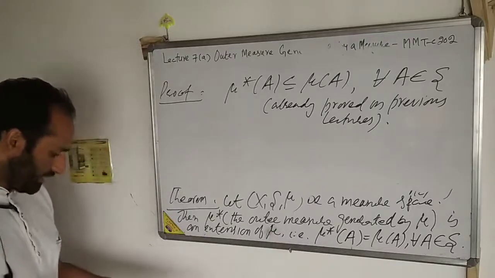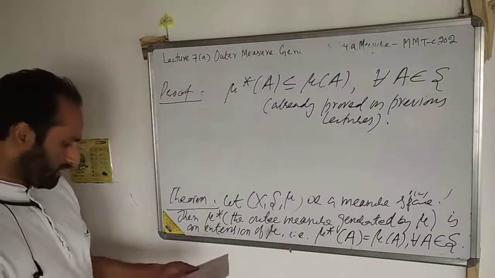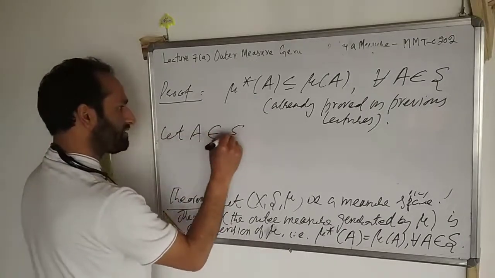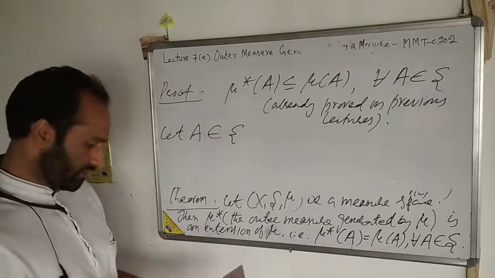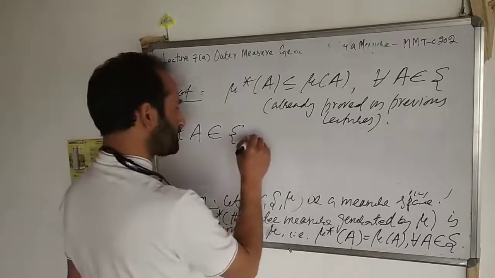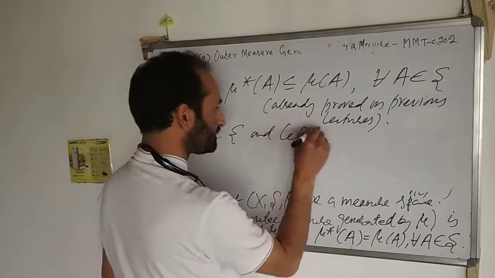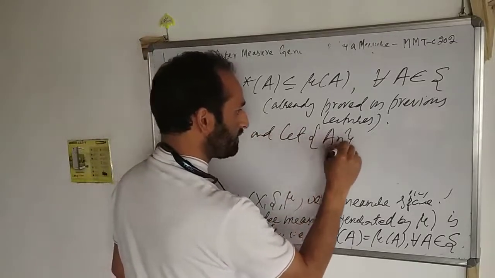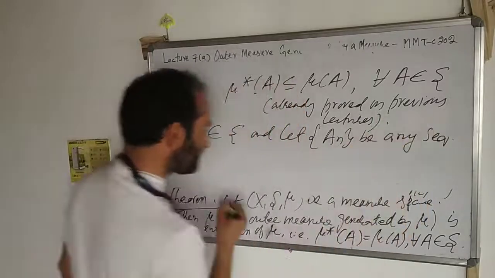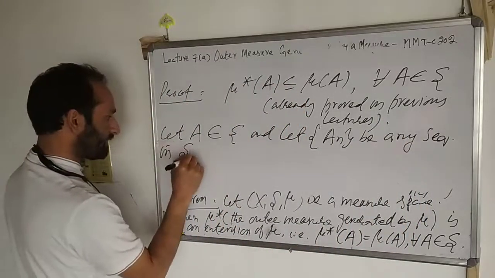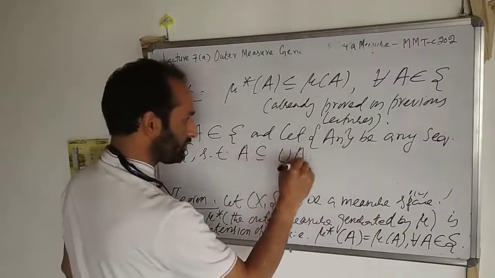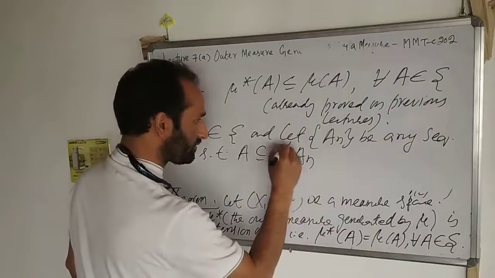For this reverse inequality, let A be any member of S. Let's take any sequence A_n in S such that A is a subset of union A_n, n runs from 1 to infinity.